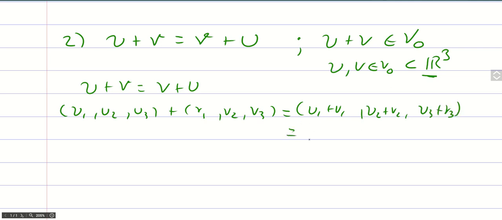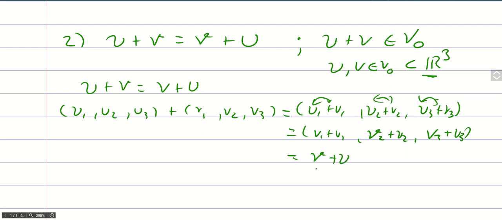So these terms can commute. So we get v1 plus u1, v2 plus u2, and here v3 plus u3, and this equals v plus u, as expected. And this is because they are vectors in R3, so they satisfy the axioms under the usual summation.